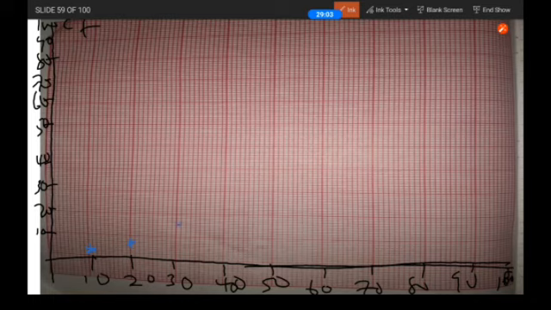It will be half of this, 15. 40, 28. Yeah. 50, 46, right?